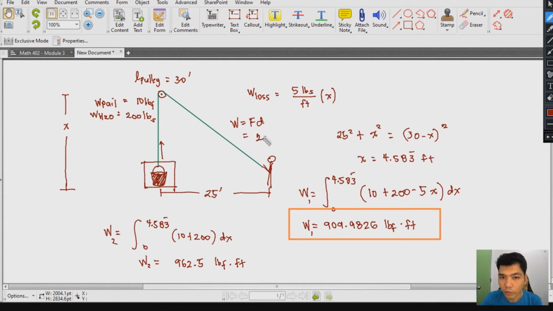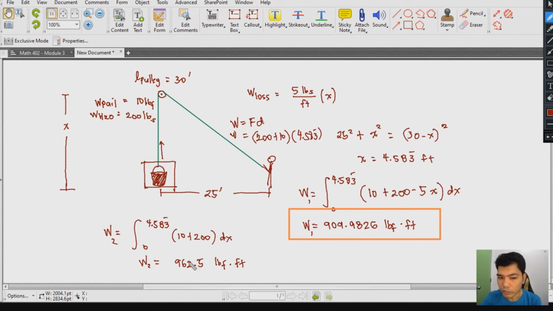So it's 200 plus 10, the combined mass or combined force, then you multiply by the distance, 4.583. So this should give you the same result as 962.5, but then again we have to employ our integration procedure. So that is the total work when you don't have any spill happening during ascent.